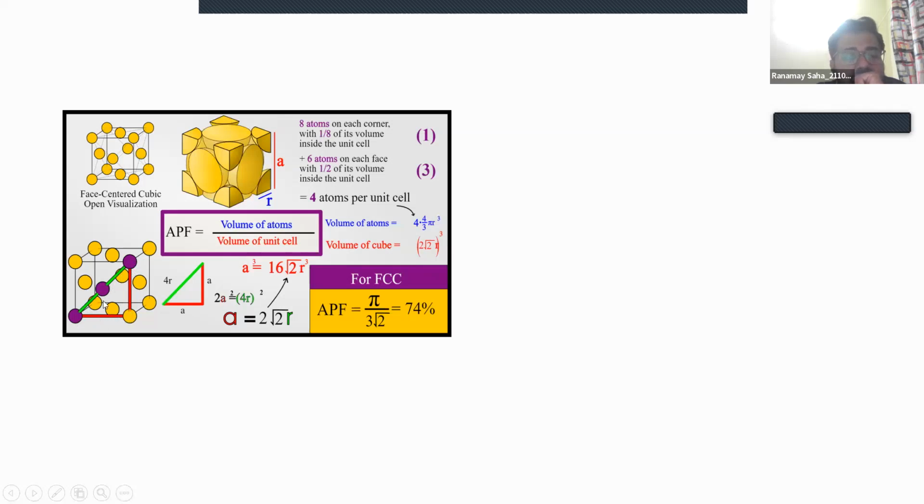So using Pythagoras, simply 2a square is 4r square. This is the hypotenuse and these are sides. Using simple Pythagoras, you can find a equal to 2 root 2 R. The same way you can find the volume of atoms in the cube, divide it, and the ratio becomes 74%.